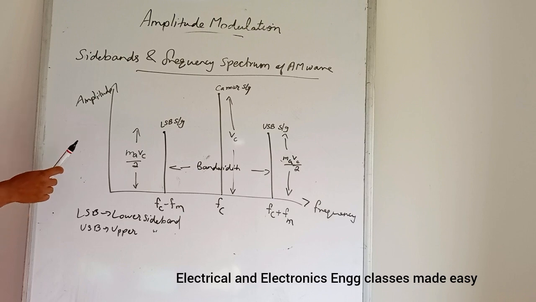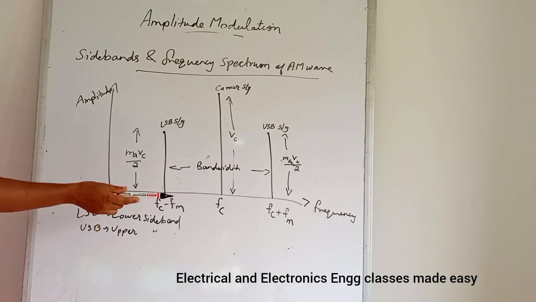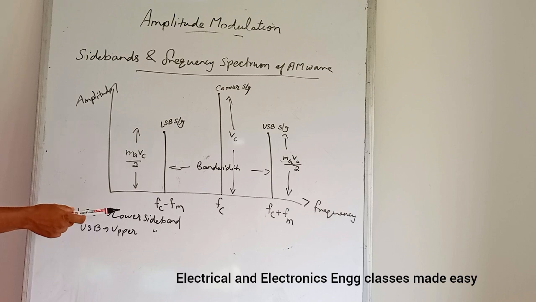When an RF carrier is modulated by AF signal wave by mixing the two frequencies, two new frequencies equal to sum and difference of the combining frequencies are formed, and the two new frequencies, that is Fc minus Fm and Fc plus Fm, are called the sideband frequencies.